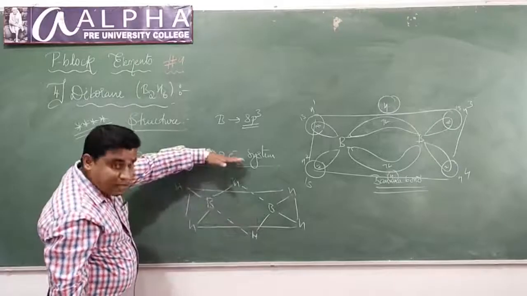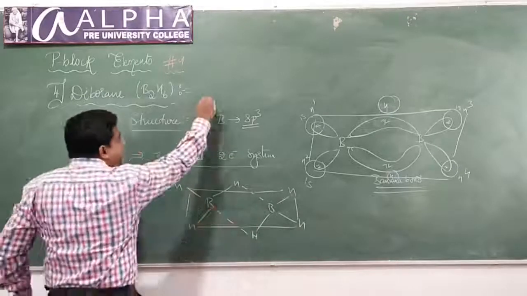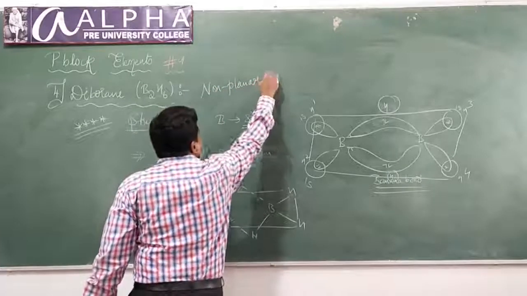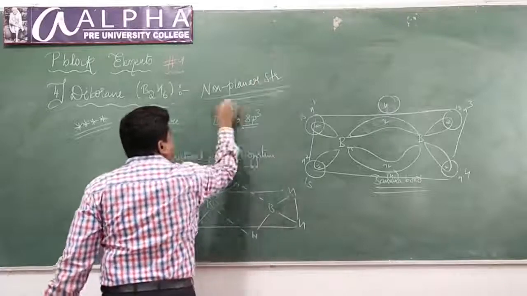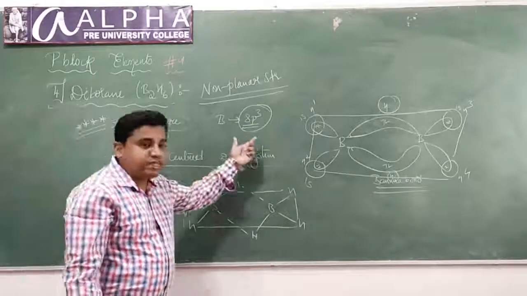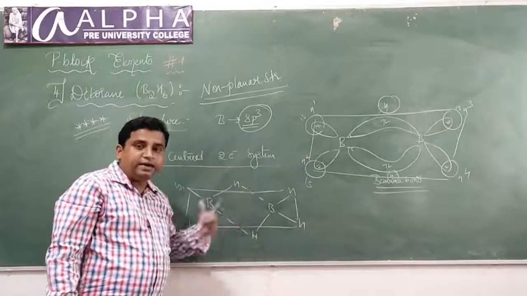This hydrogen will be above the plane, this hydrogen is going to be below the plane. It is a non-planar structure. Why is it a non-planar structure? It is because of sp3 hybridization. If it is sp3 hybridization, what is the structure? It's going to be tetrahedral here and tetrahedral here.